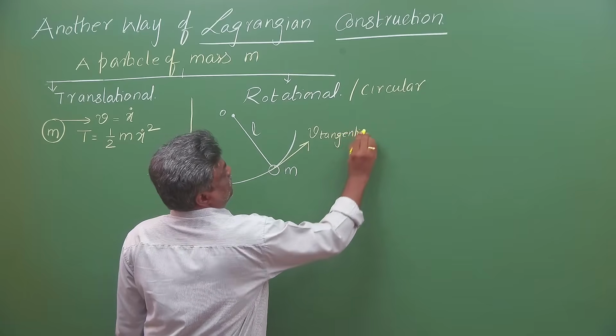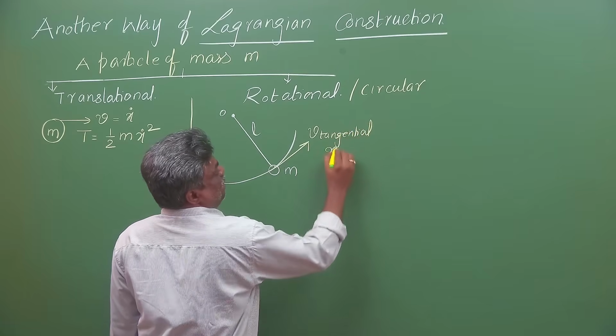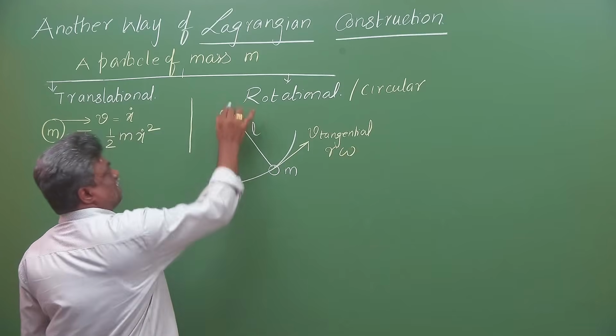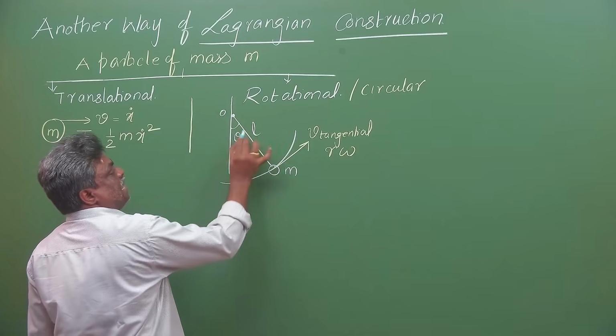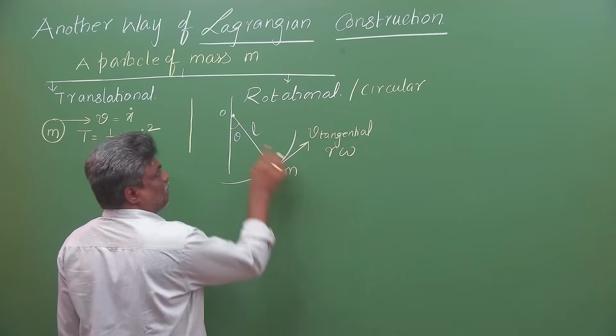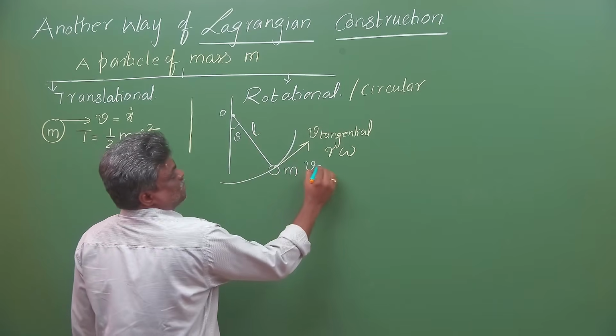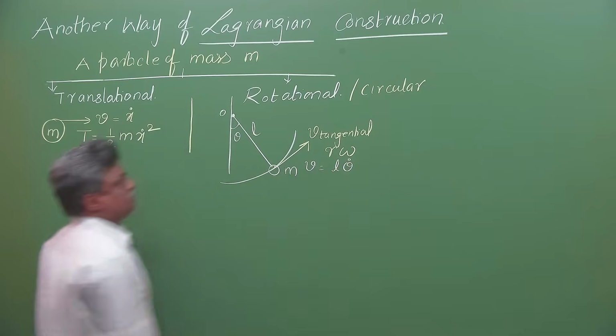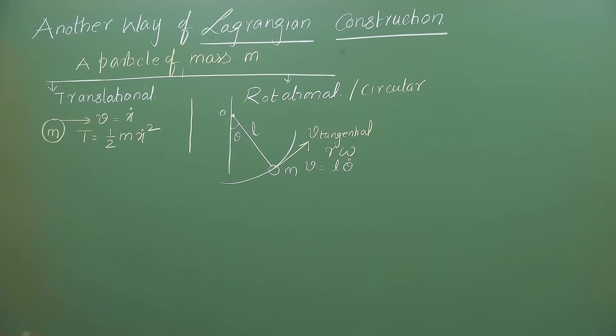If I assume this is the angle theta, here omega is nothing but theta dot. With radius L, the tangential velocity is V equal to L omega. So these are the two different velocities we have.